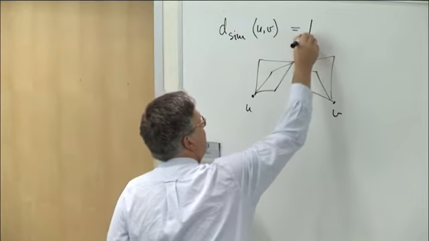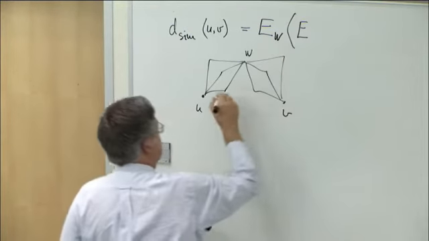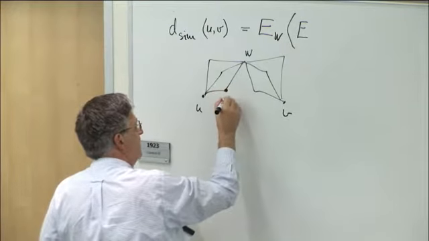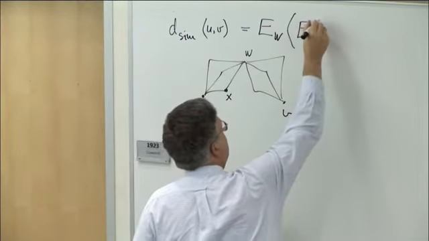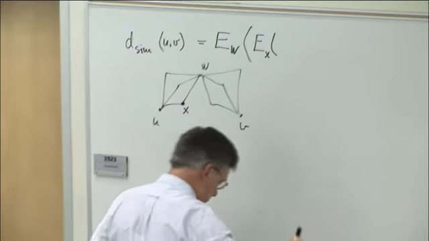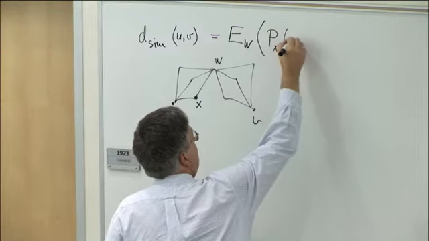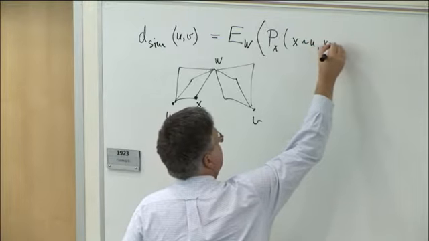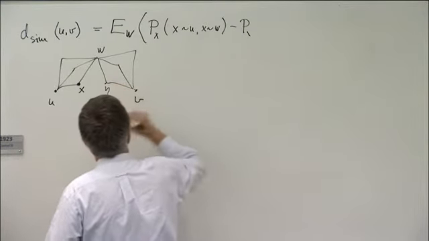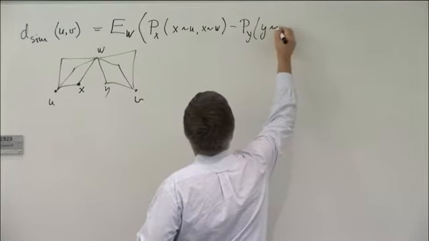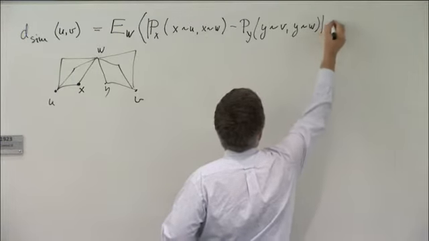So to be exact, I define that this is the expectation over w, and I would like to write the path count as an expectation too, so let's pick here a random node x, and then the probability in x that x is connected to u and x is connected to w, minus the probability in another random point y that y is connected to v and y is connected to w, and I take the absolute value like this.